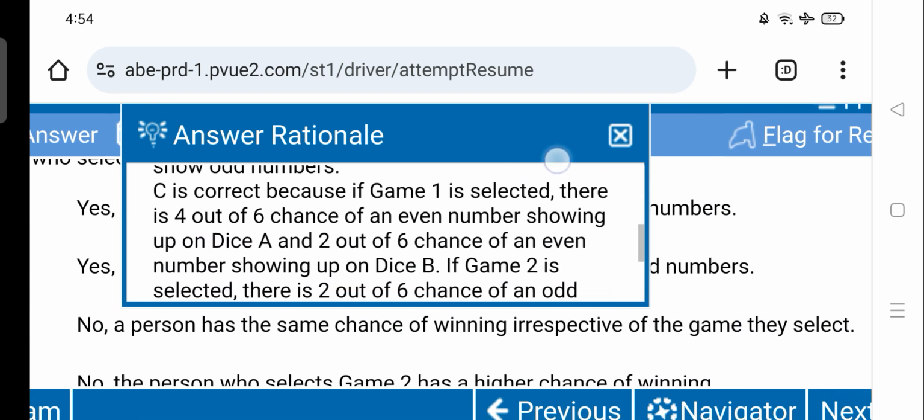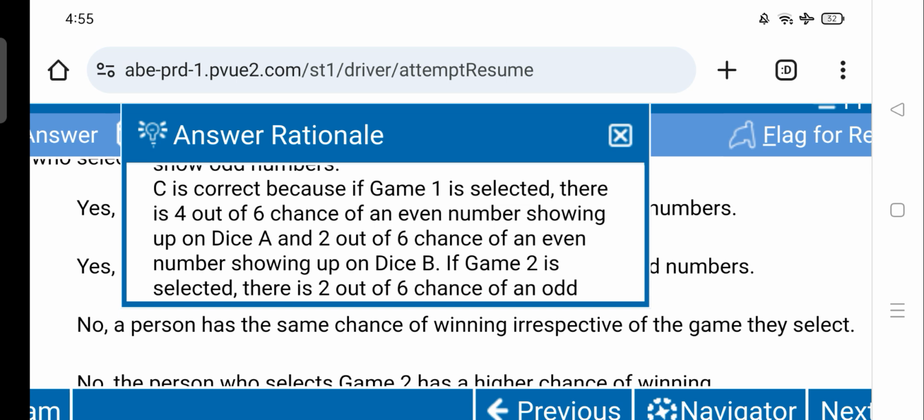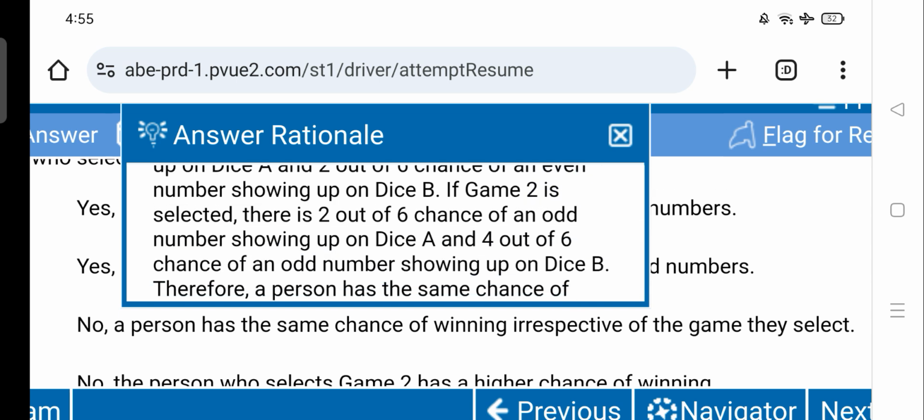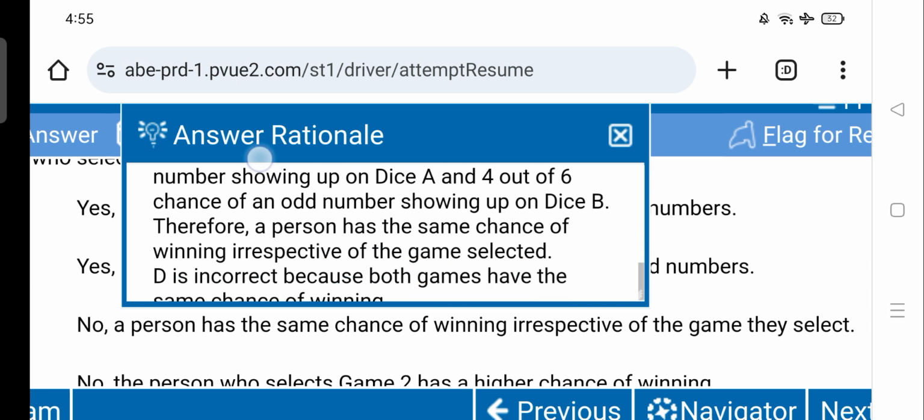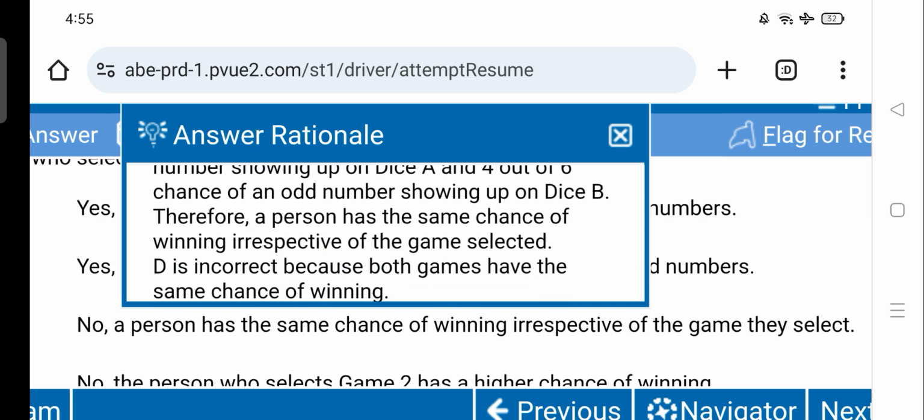C is correct because if game 1 is selected, there is a 4 out of 6 chance of an even number showing up on dice A and 2 out of 6 chance of an even number showing up on dice B. If game 2 is selected, there is a 2 out of 6 chance of an odd number showing up on dice A and 4 out of 6 chance of an odd number showing up on dice B. Therefore, a person has the same chance of winning irrespective of the game selected.